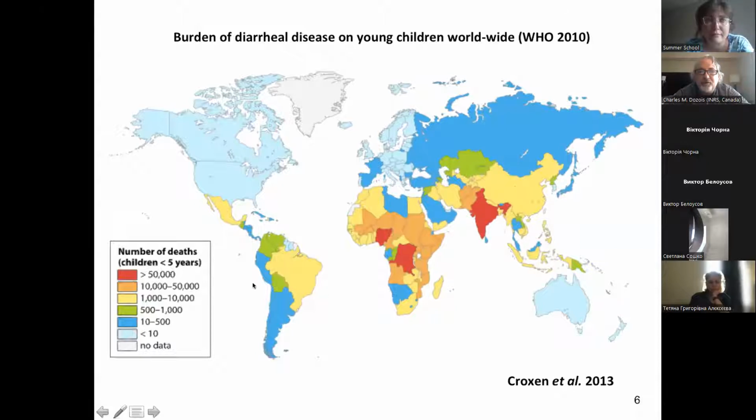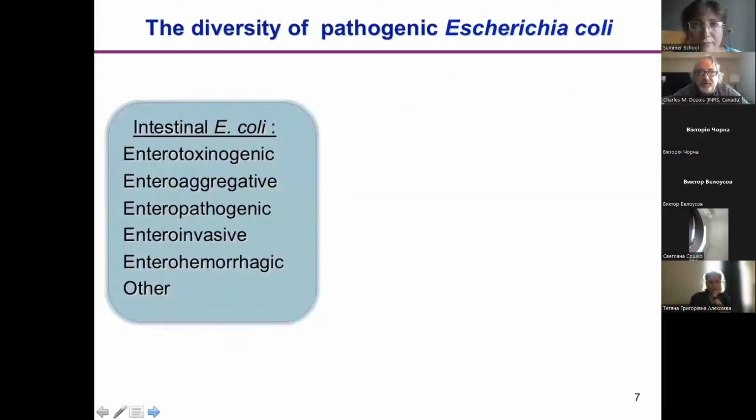And so it's always important to at least mention different types of diarrheal infections that can occur, and that it's something that is endemic and very problematic in Africa, India, and other parts of the world. And so although diagnostics of these diseases is not always obvious, it's still very important to realize that there are many types of pathogenic E. coli and related Shigella that are important causes of these diarrheal infections.